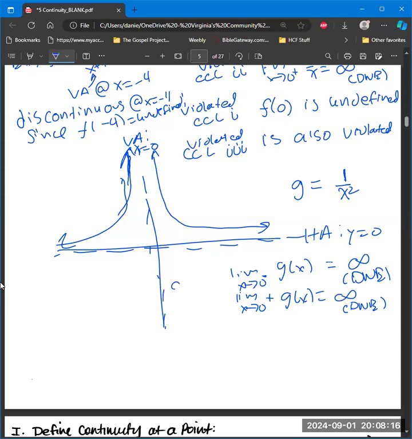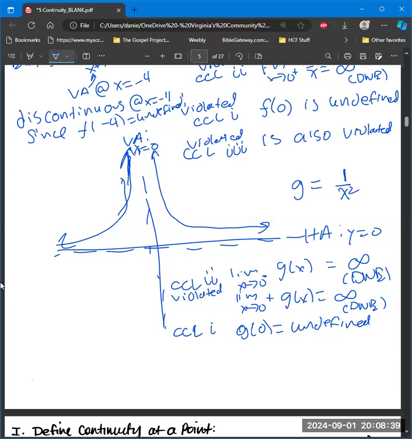So continuity checklist number 2 is violated because the limit doesn't exist. Continuity checklist number 1 is violated because it's undefined at g of 0.